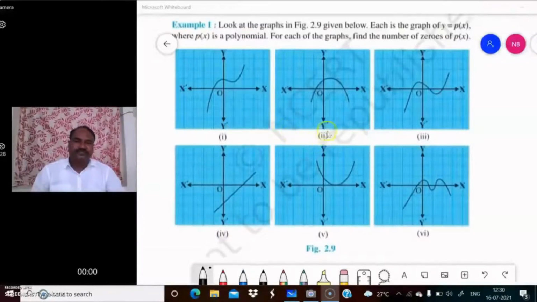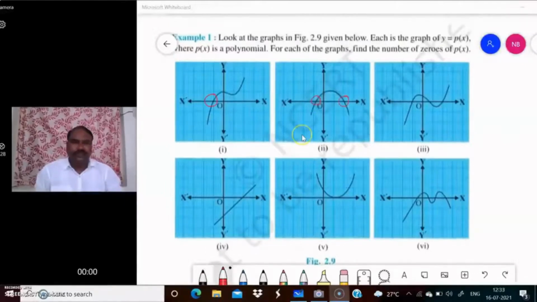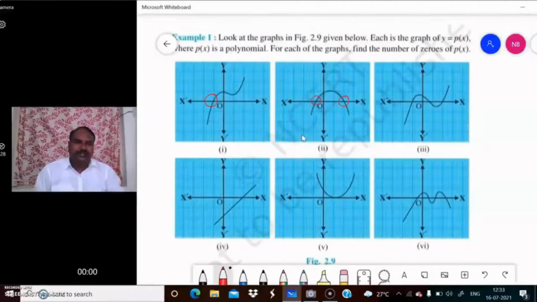Now you observe this second one. Here it is a parabolic shape as well as intersecting the x-axis at 2 points, so the polynomial represented by this graph will have 2 zeros, because this graph intersects the x-axis at 2 points.